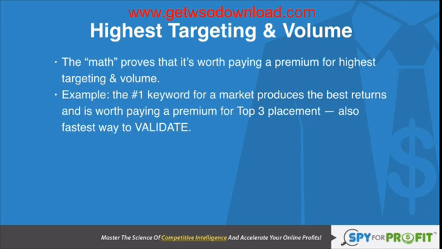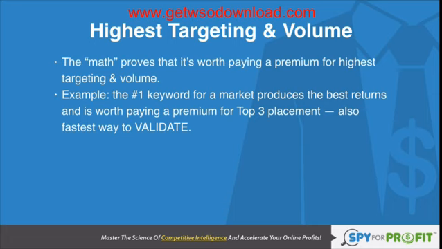Let me give you an example. If you take the number one keyword for any given market, like the dog training market, let's say the number one keyword is how to housebreak my dog or how to keep my dog from peeing in the house.